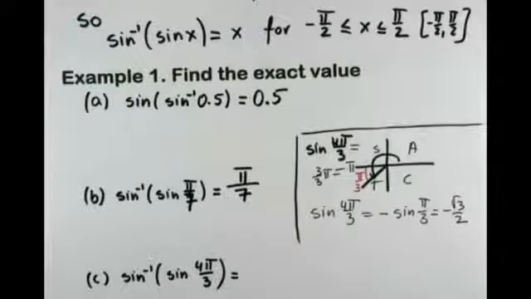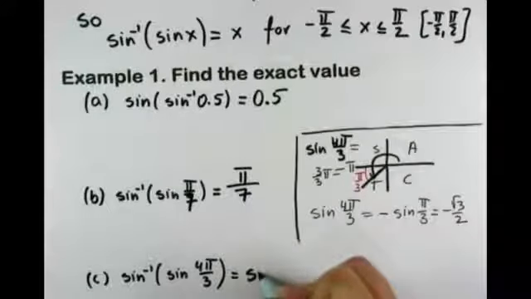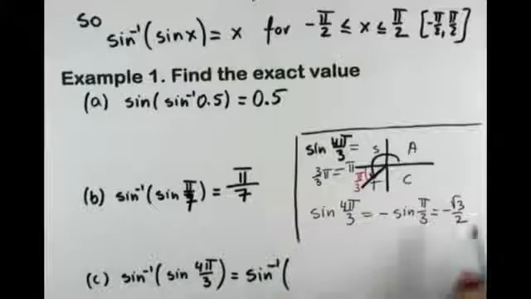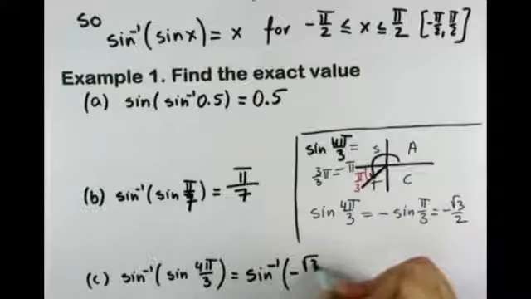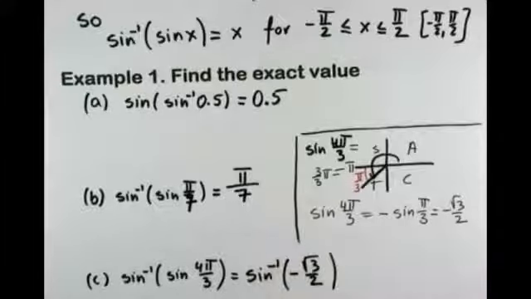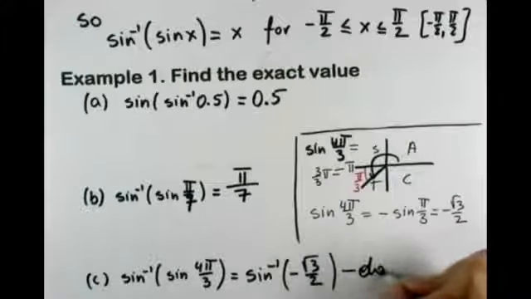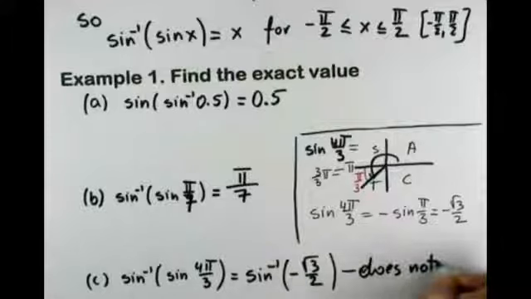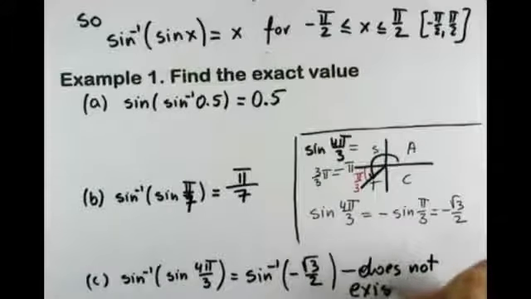Then we have sine inverse of minus root 3 over 2, and sine inverse only accepts values from minus 1 to 1. Root 3 is roughly 1.7, so this number is more than 1 and this one does not exist, because the domain of sine inverse is from minus 1 to 1.